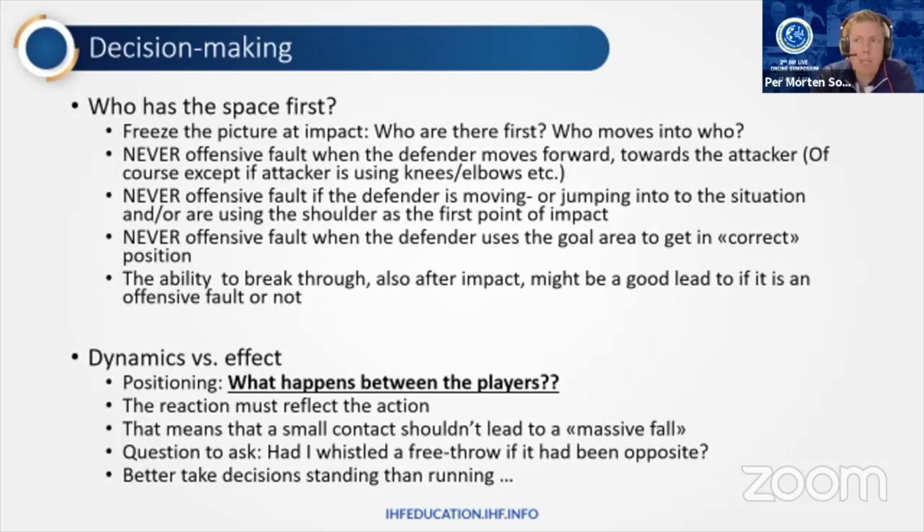And of course, it must be enough contact. So a question for referees to ask: if the defender had done the same to the attacker, the same amount of contact, had I whistled a free throw or a 7-meter throw then?